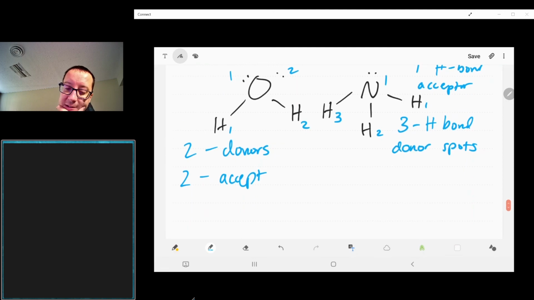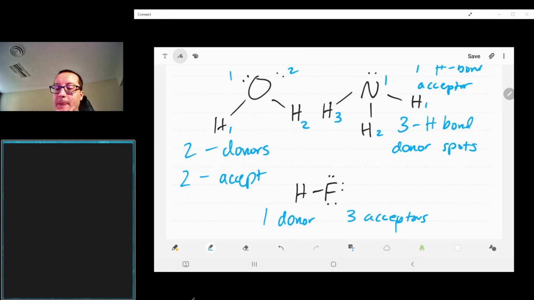And if we look at HF, again, we're going to see it's the opposite case here. We'll have 3 places to accept, but only 1 to donate. And so, again, this is going to be kind of our magic thing.